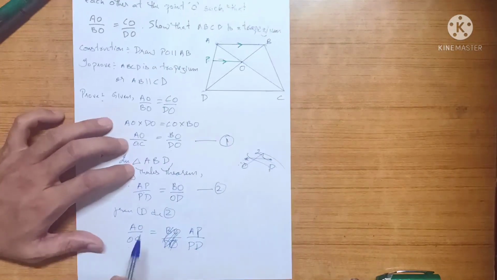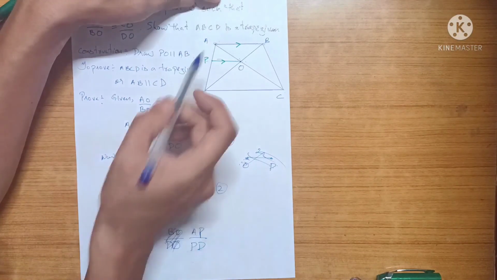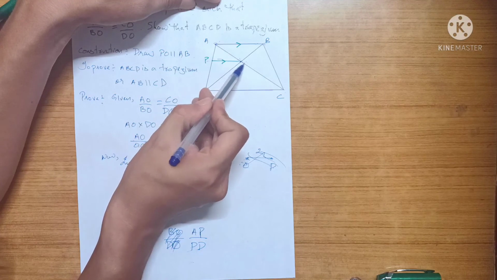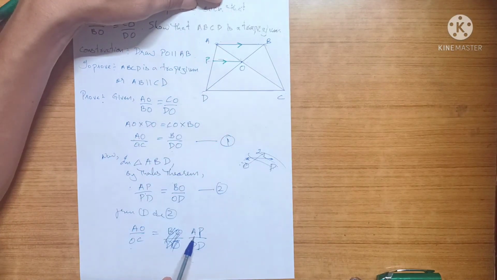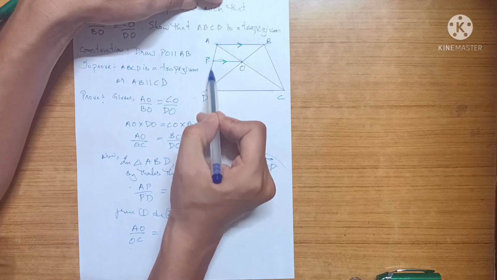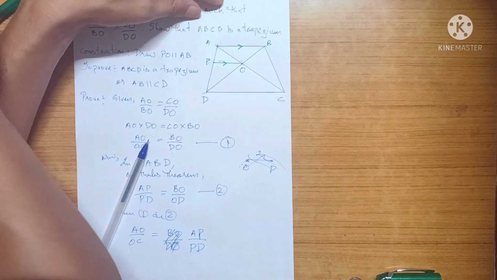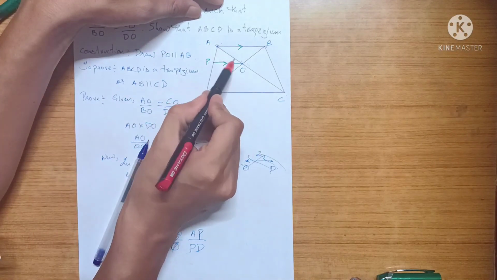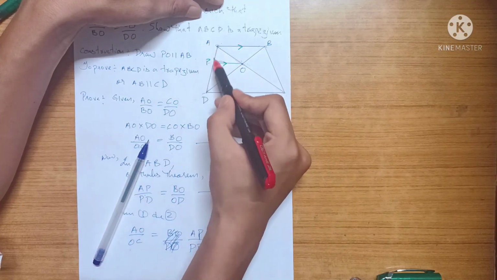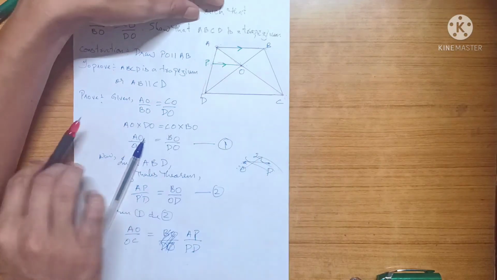Now if you look at AO by OC in the diagram, AO is this, OC is this, and here's AP by PD: AP is this, PD is this. Which triangle are we using? This by this, this by this, which means we're using triangle ADC.